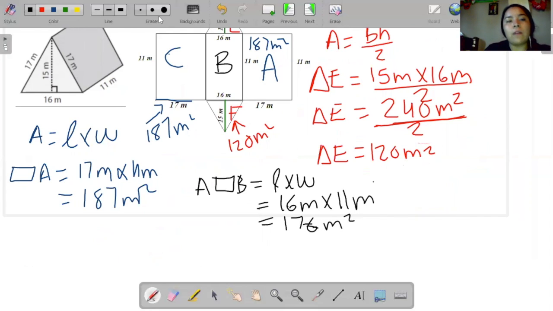Okay, so now that we have the area of each shape, let's add them together to find the total surface area.